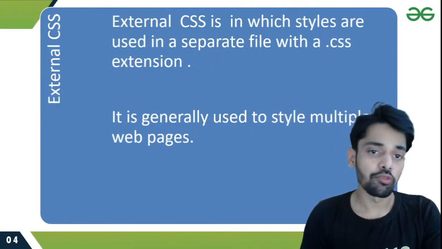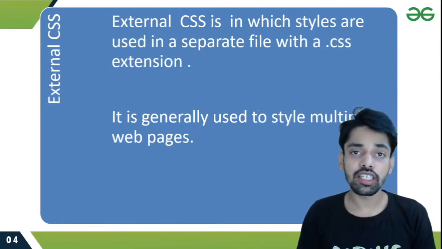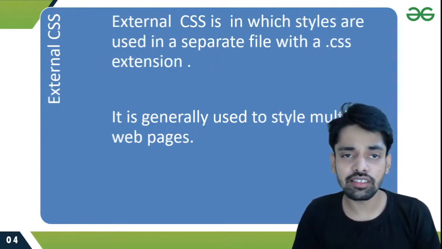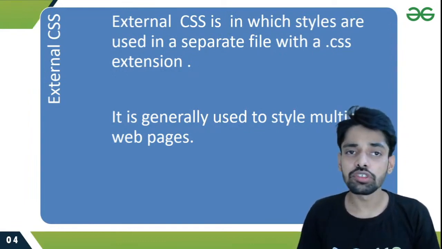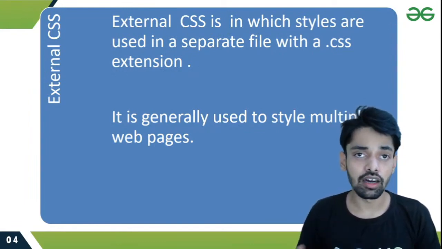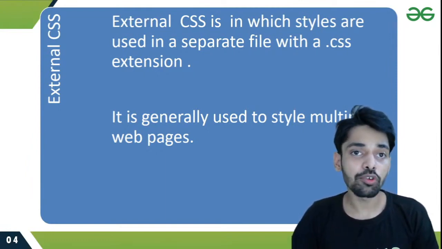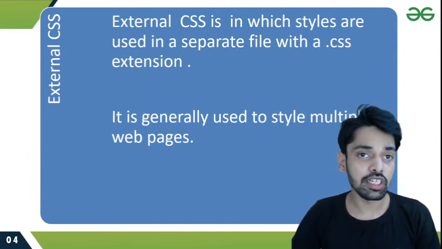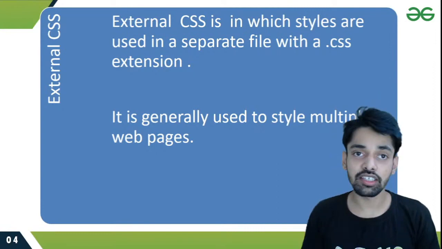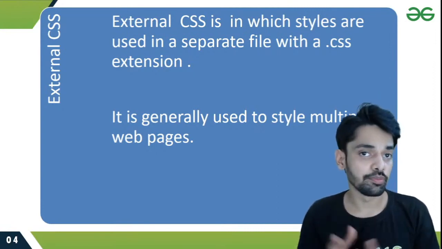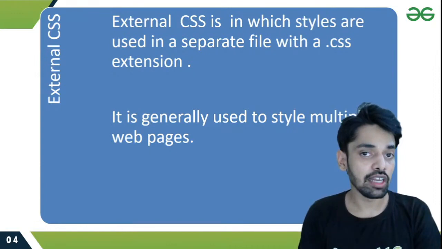Okay, now, the external CSS. So, what is external CSS? External CSS is in which styles are used in a separate file with a .css extension. Okay. Do remember, we'll have to create a file with a .css extension, and we'll connect it using the link tag, and we'll have the file path of it.